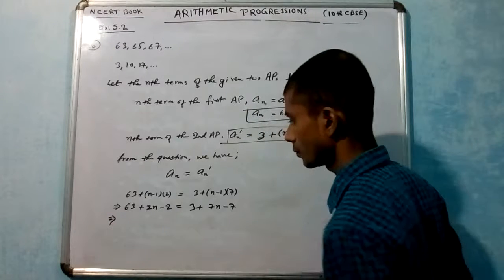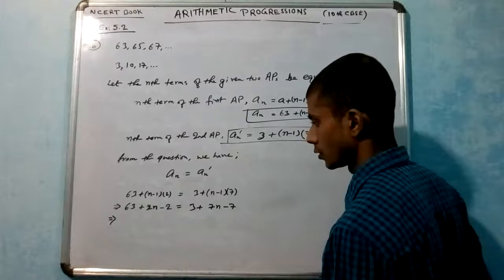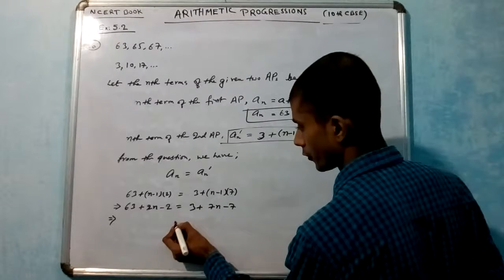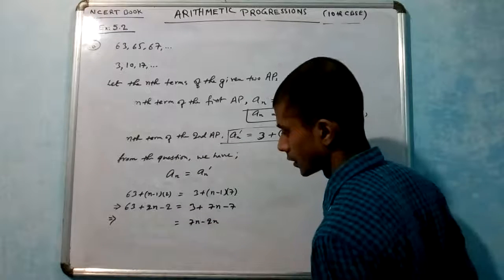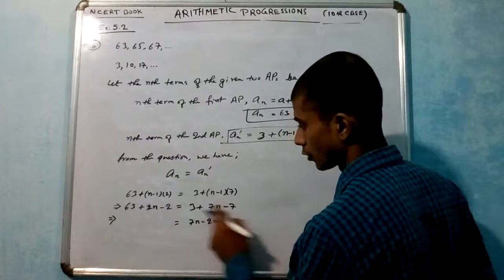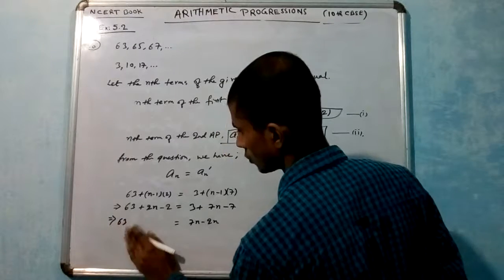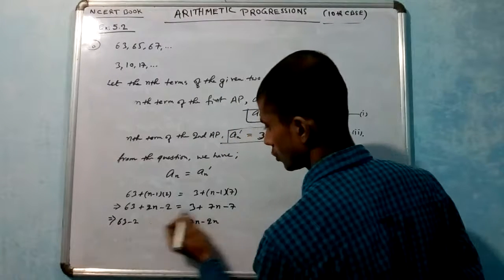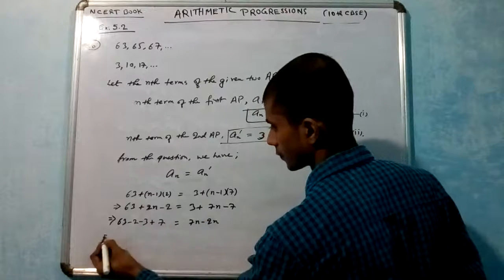Now simplify, it's so easy, no? Let us bring n this side, we will get positive, so 7n minus 2n. Let us bring all the constants that side, so 63 minus 2, minus 3 plus 7.